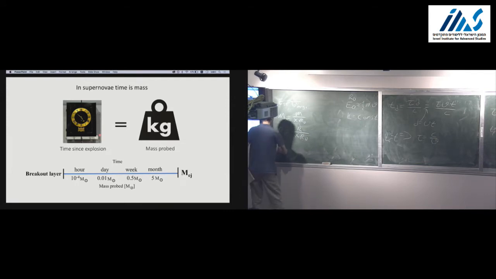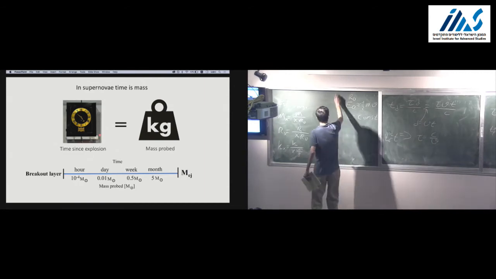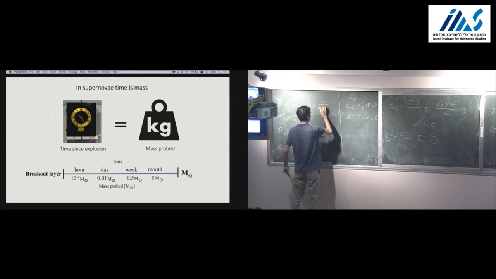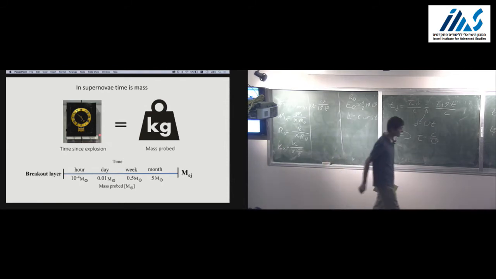Kappa x is kappa divided by x centimeter squared per gram. And I think that that's it. Oh, and Vx is V divided by 10 to the x centimeter per second. So now we can start and see what we get here.